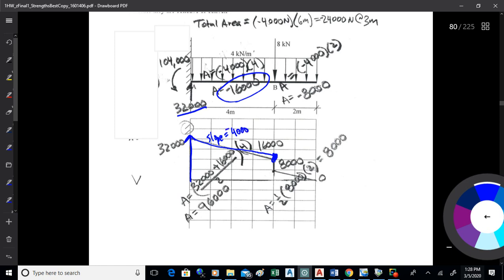So that's a constant slope, so it's a straight line. Then I've got 8,000 down, so that gets me from 16,000 down to 8,000. Then I drop by 8,000 more at the same slope of negative 4,000, so that gets me down to 0. Okay, so there's the shear diagram.